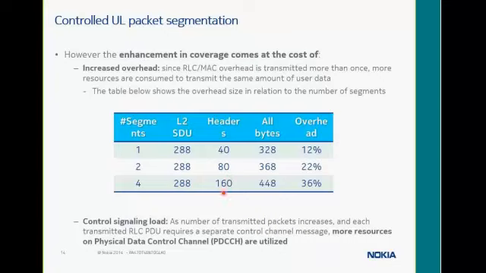That means I have 160 bits of header, so my actual transmission is around 448 bits total in all 4 segments, giving me 36% overhead. That's a lot of overhead just to make sure that the subscriber can transmit the packet in the uplink.